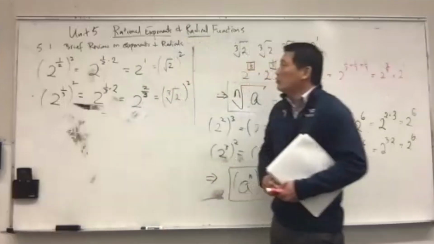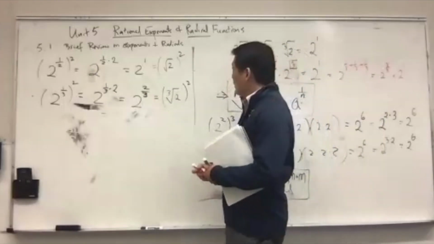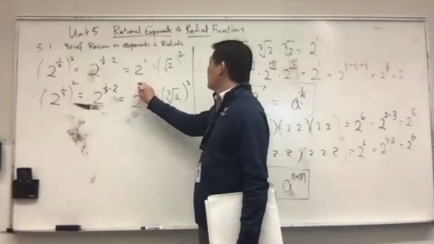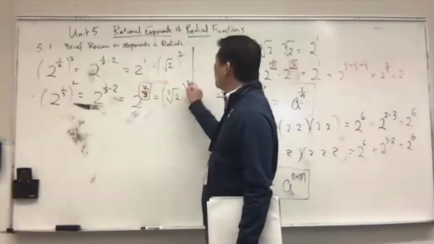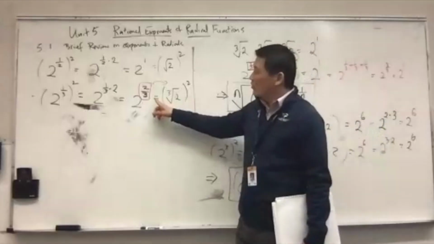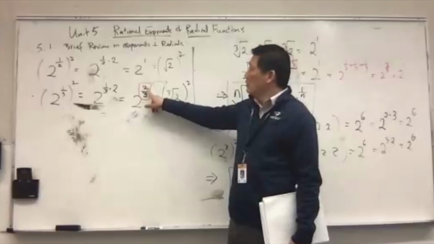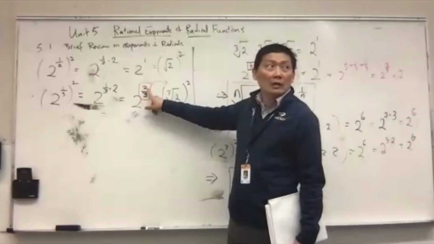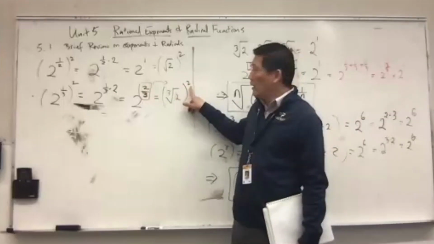What I want you to notice is the exponent relative to the look of this whole thing. If you look at this exponent, you have 2 to the 2/3 power. The 2, the whole number in the numerator, is the power on the outside.